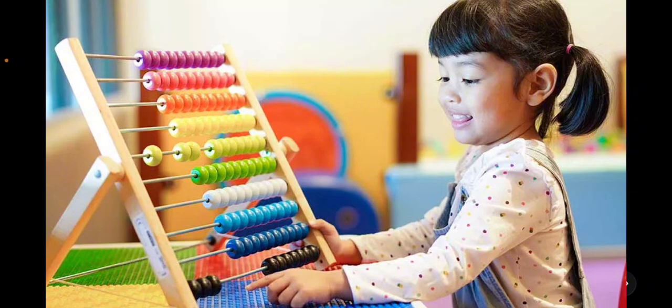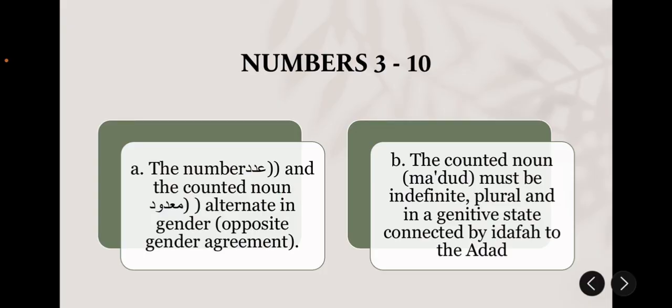And if the ma'dud is feminine, your number will be masculine. Then the second thing that you need to understand is the ma'dud must be indefinite, it must be plural, and it must be in the genitive case, connected by Idofah. It must be in the genitive case caused by Idofah between the adad and the ma'dud.